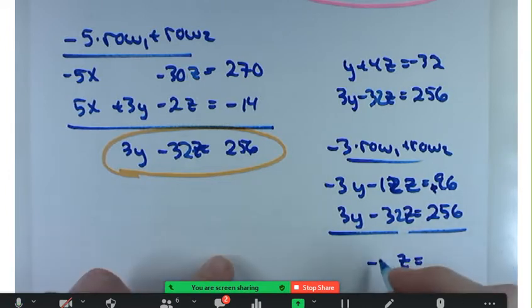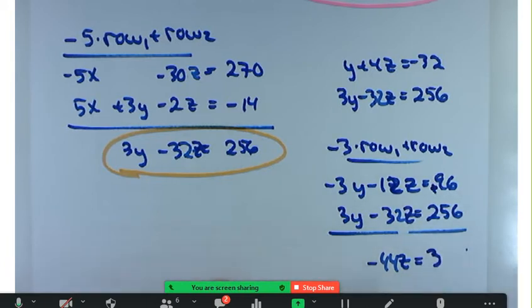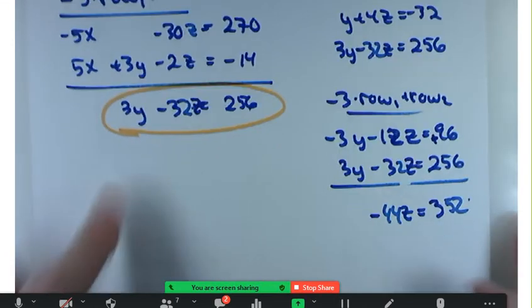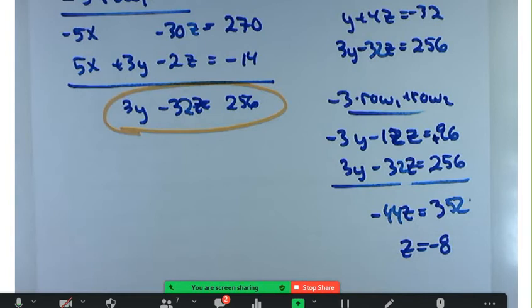Sorry about that. Equals 352. Ah, man, this is just a bad day. 352. Whew. So, z equals negative 8.